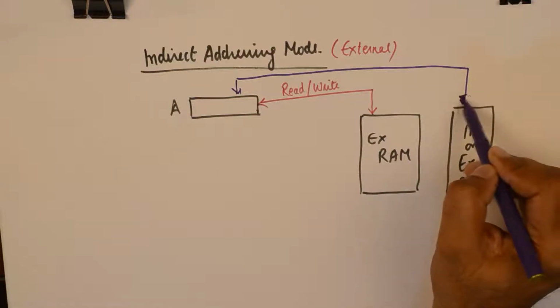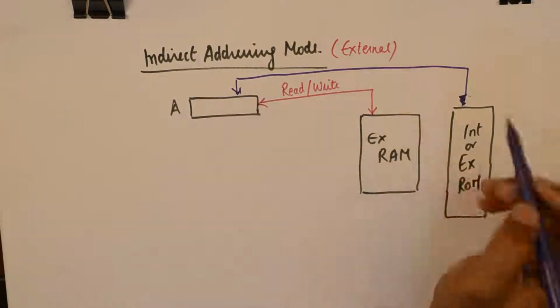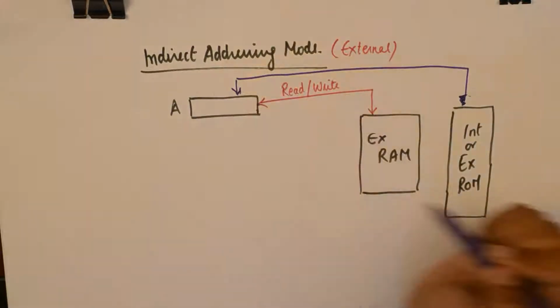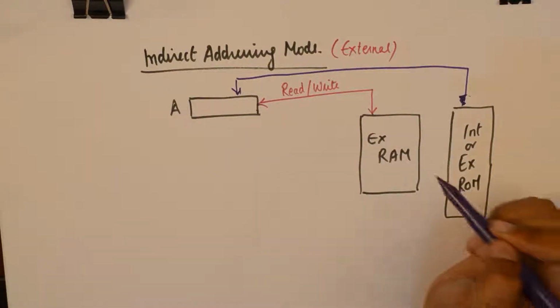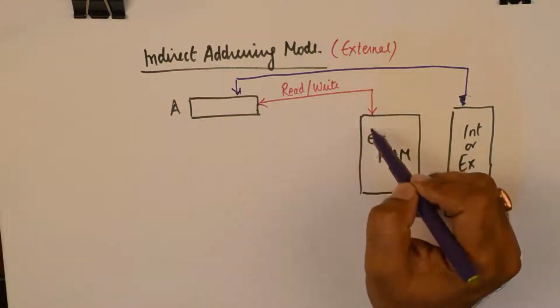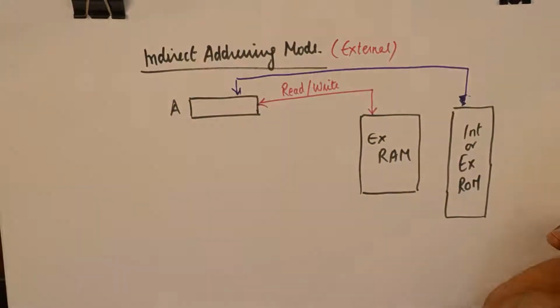Beg your pardon, this arrow shouldn't be here, so we have a unidirectional arrow. The data is only coming into the microcontroller, and over here we have a bidirectional arrow signifying read and write operation.